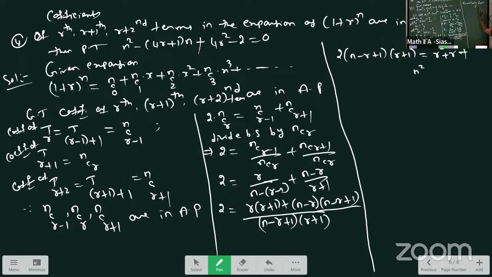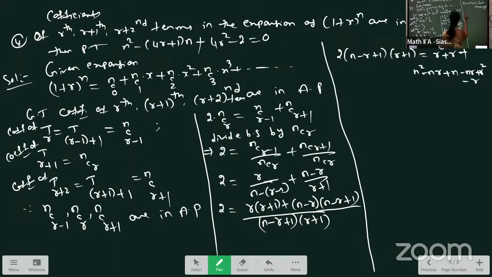First multiplying n with (n-r+1), it will be n^2 - nr + n. Next multiply -r with (n-r+1), so -nr + r^2 - r.